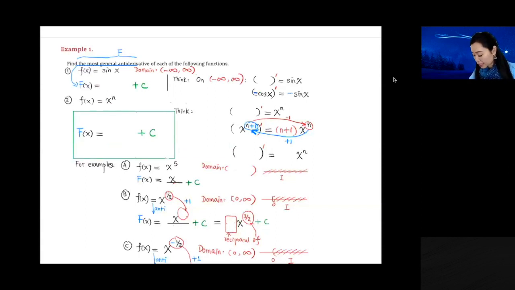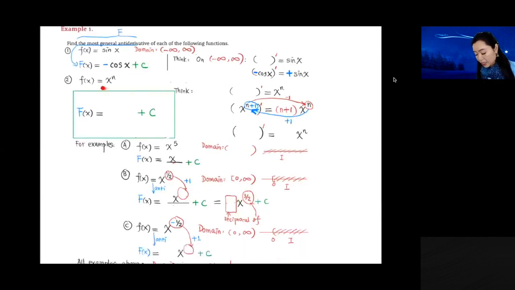Negative times negative is positive. The derivative of negative cosine x is positive sine x. So one antiderivative of sine x is negative cosine x. And because we're looking for the most general antiderivative, we add an arbitrary constant. Now x to the n. The domain for this will be all real numbers.